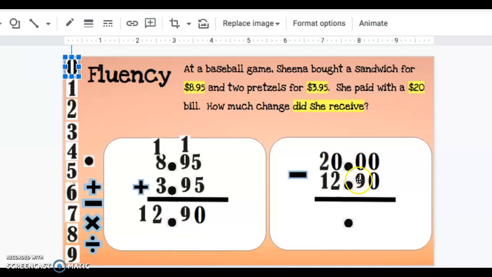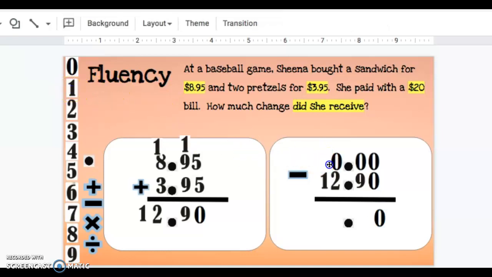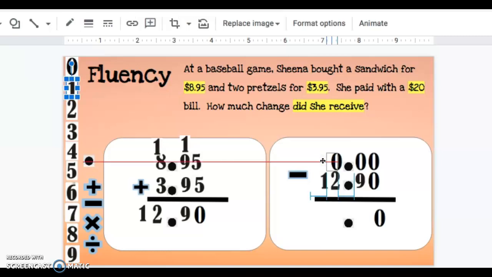0 minus 9, I can't do, so I need to go next door to this 0. This 0 cannot give me anything because it has nothing to give, so I have to go to this 2. This 2 becomes a 1. In order to make this 0, the 0 then will turn into a 10.